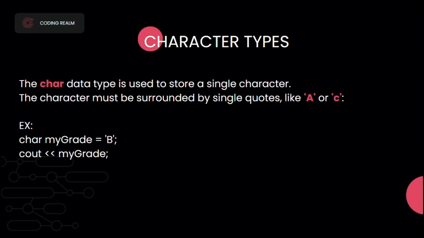In this example, I need to display the grade, the char of the grade B. First of all, I need to put the type of the variable, it's char. Second, the name of the variable, myGrade, equal the value B, and I will display this value on the screen using cout myGrade.